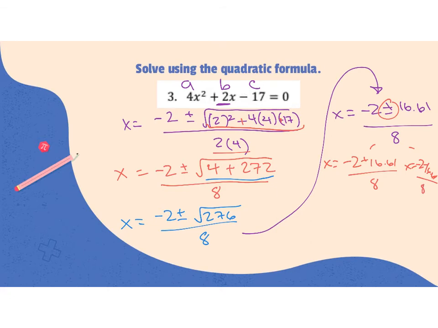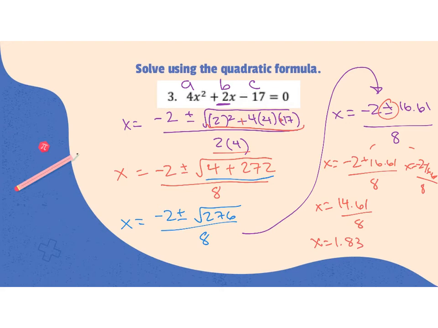Type that all into your calculator. So negative 2 plus 16.61, see what that is. I get 14.61. And divide that by 8. I end up with 1.83 after I round it.